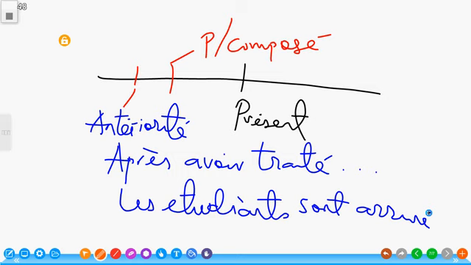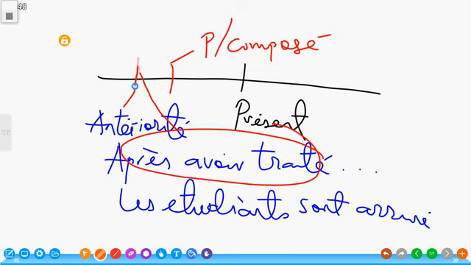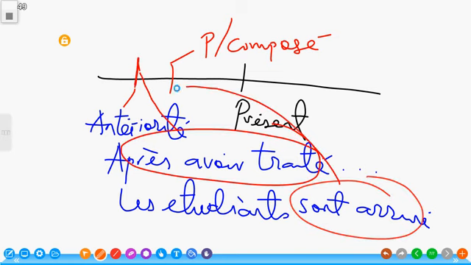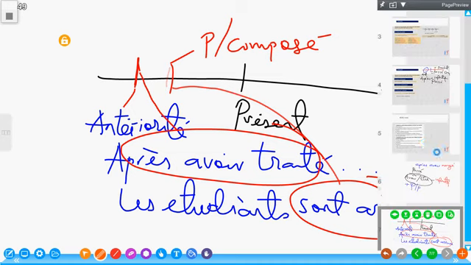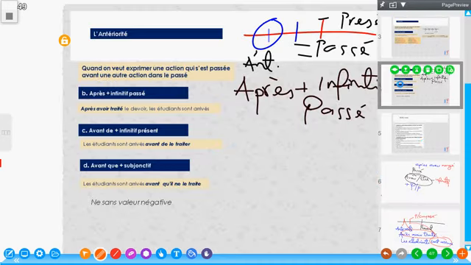So it means that the students arrived after having treated the assignment. Now that's how we can use après plus infinitif passé to express antériorité, that is an action that has happened before another action.